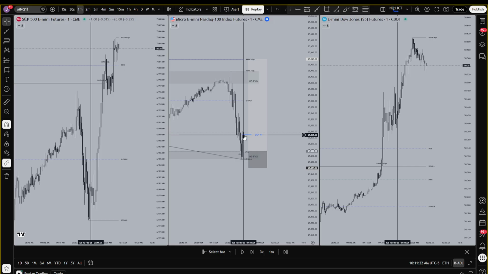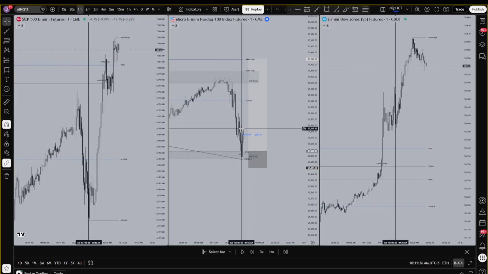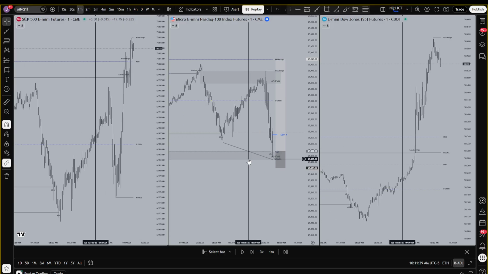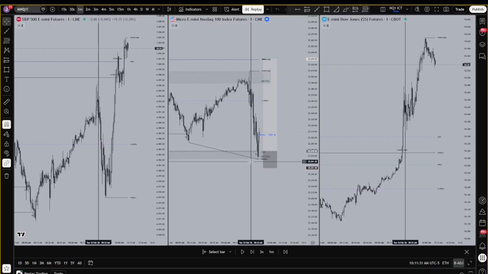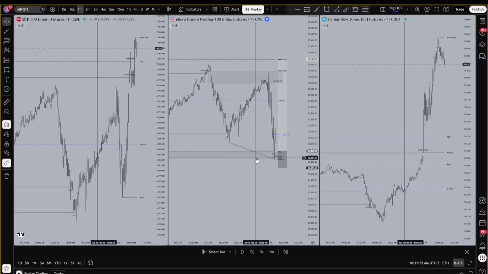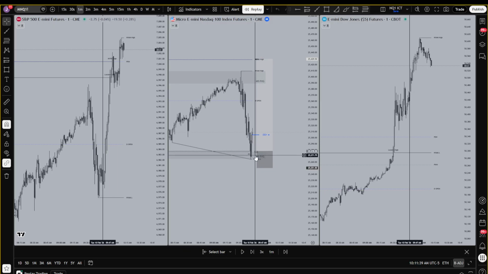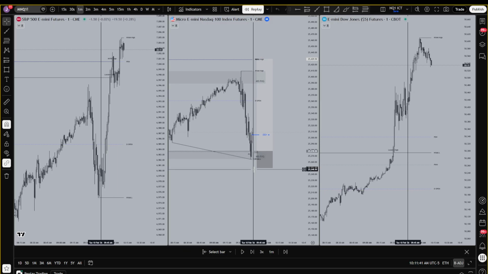So we get this inverse right here, but I even said I knew we wanted to come and remanipulate the lows. When we're sponsoring a move and a reversal is about to happen, we always want to wait for the external sweep. So we have the external sweep of the Asia low right here, and then just wait for the internal low to get swept again.